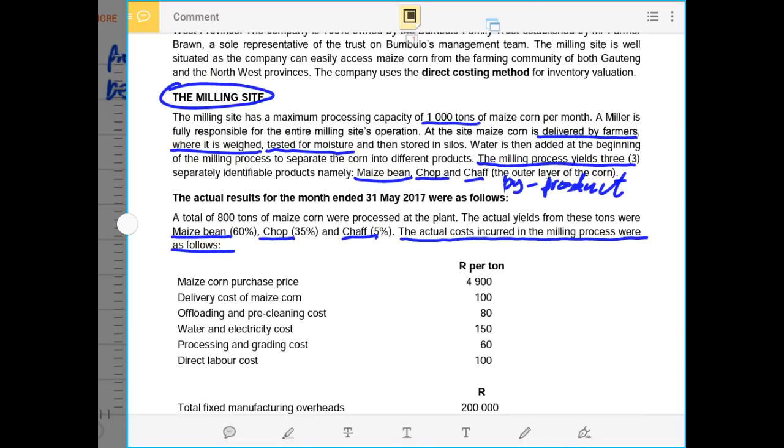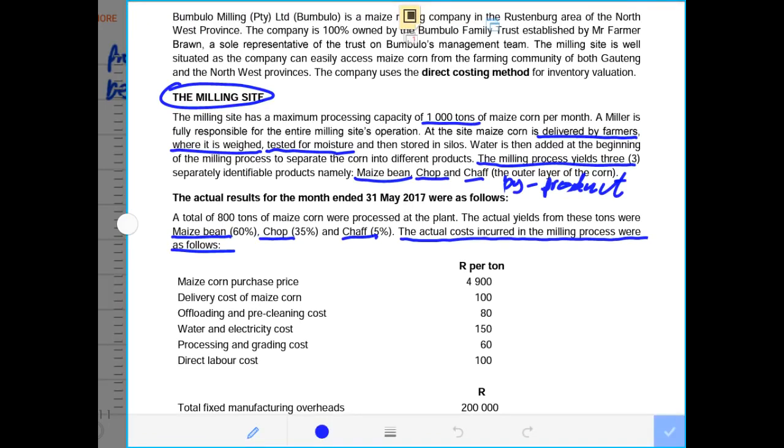And I also want to go back to the previous paragraph where it said the milling site has a maximum processing capacity of 1,000 tons of maize corn per month. So that is the capacity, not what the company is actually manufacturing. So that is what they can manufacture up to a maximum. But they only manufactured 800 tons of maize corn.